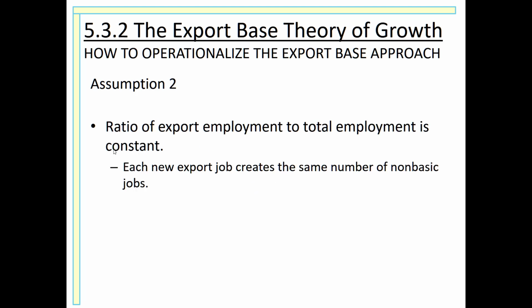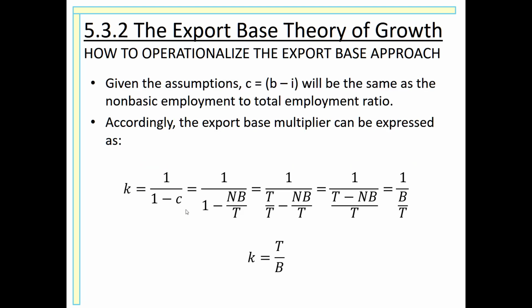We are also going to assume that the ratio of export employment to total employment is constant. Each new export job creates the same number of non-basic jobs. With these two assumptions, the proportion of non-export income divided by total income will be equal to the proportion of non-export employment divided by total employment.